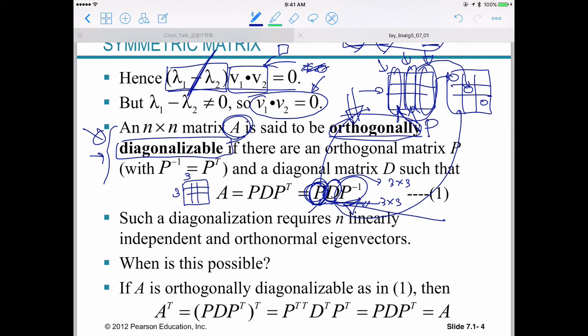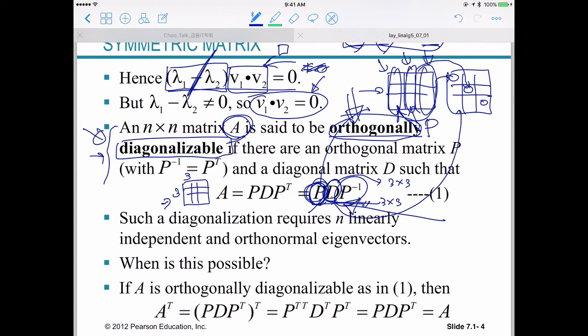So the question is, can we find 3 orthogonal vectors, or considering normalization, 3 orthonormal vectors as our eigenvectors for this 3 by 3 matrix? Of course, for an n by n matrix, you should be able to find n orthonormal eigenvectors.